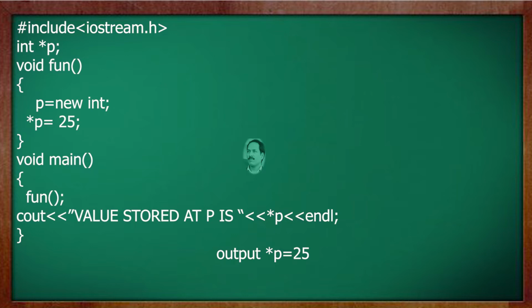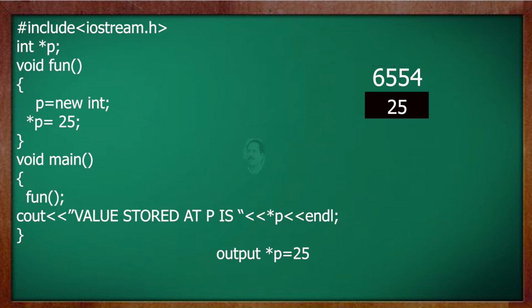Let us take a simple function fun which neither receives nor returns anything. In it, dynamic memory of type int is created and that address is copied to p. In *p, at that address, we copy the value 25.